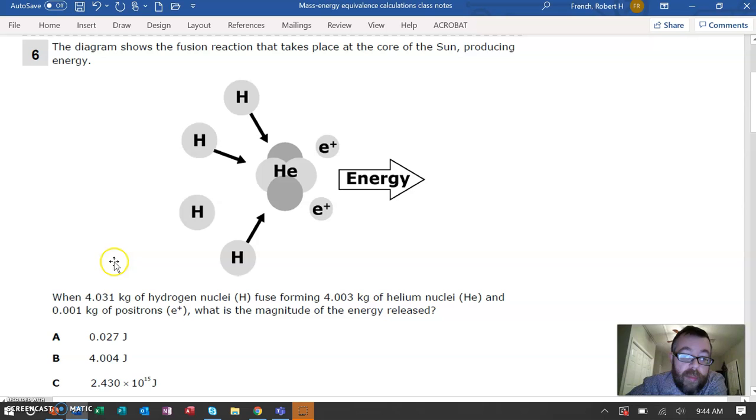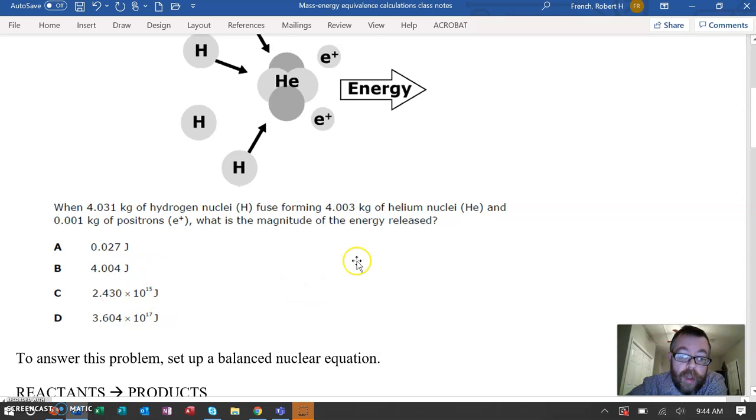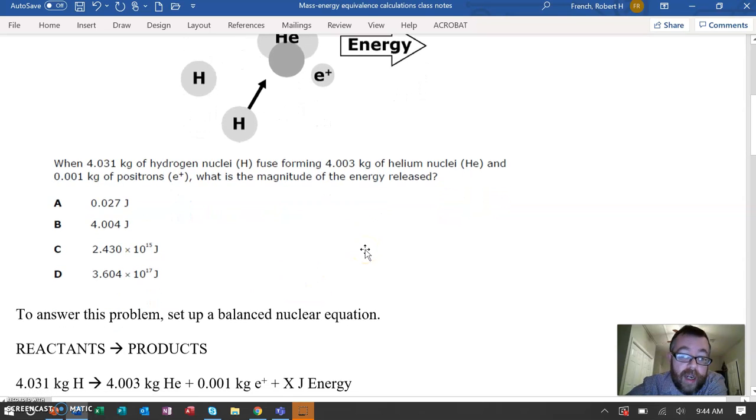You get that same diagram as before, and you'll be told you've got 4.031 kilograms of hydrogen forming 4.003 kilograms of helium and 0.001 kilograms of positrons, positively charged electrons. Isn't that neat? What's the magnitude of the energy released? And you have a number of answers in joules. So let's figure out how to do this.